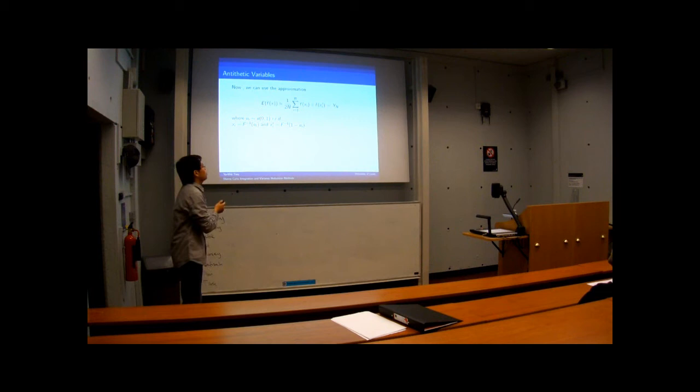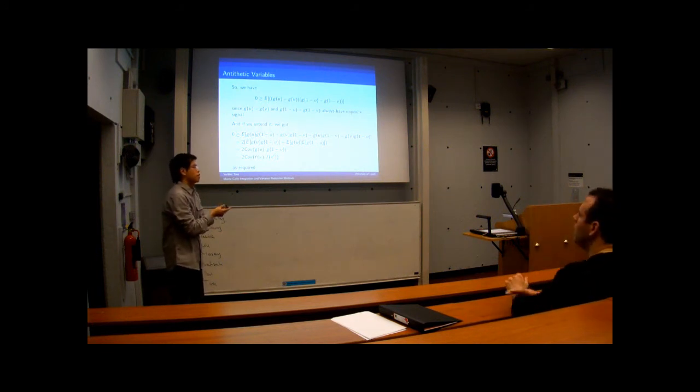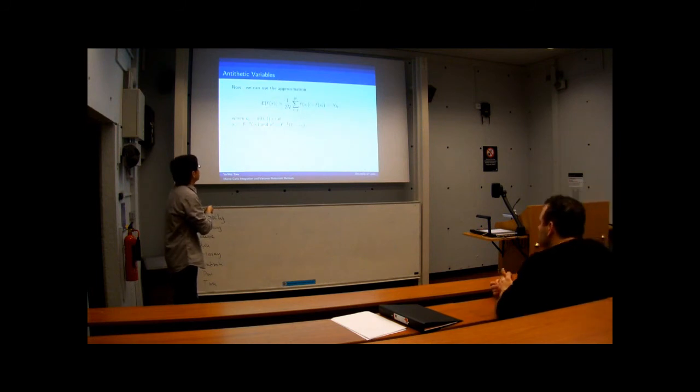Now we can use the approximation. Since this term is smaller than or equal to 0, we know that if we choose this X and X prime, we will have a reduction in variance if we apply antithetic variables compared to plain Monte Carlo. So we use an approximation like this.